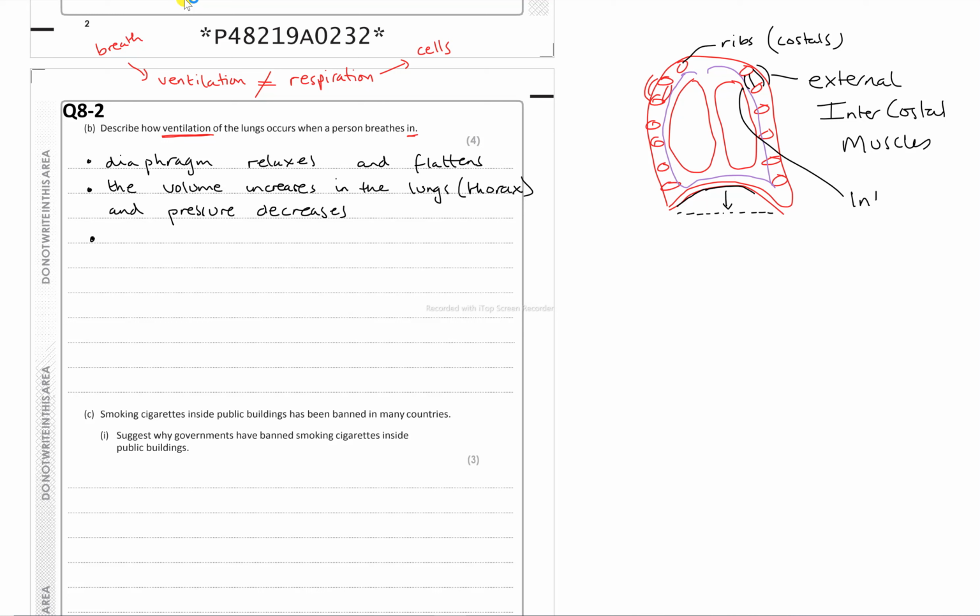These are called internal intercostal muscles. So I'm going to use that as a shorthand, but you're not allowed to do that. So the external intercostal muscles contract, and the internal intercostal muscles relax.